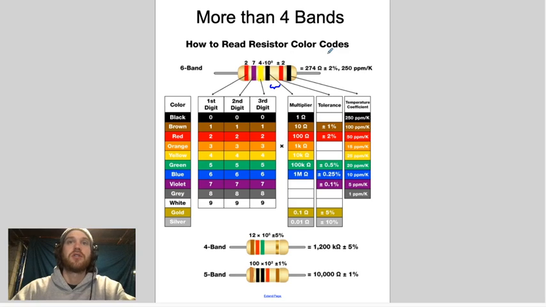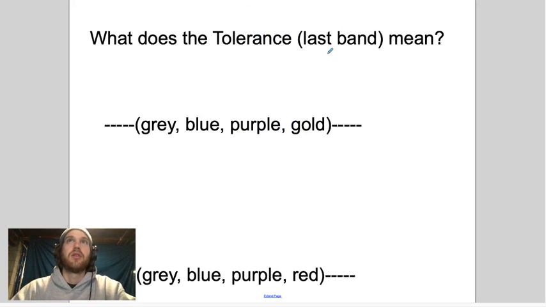That's our tolerance. Okay, so what does that tolerance, the last band, mean? What it really means is that we're only human, right? When we build something, it's not going to always operate perfectly, and there's going to be some variability when you make a resistor. Like a bunch of resistors from the same batch, you might have some natural variation.